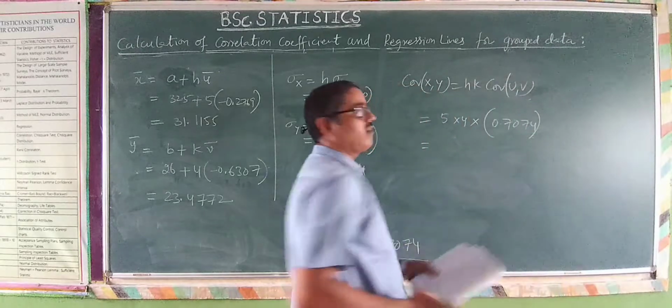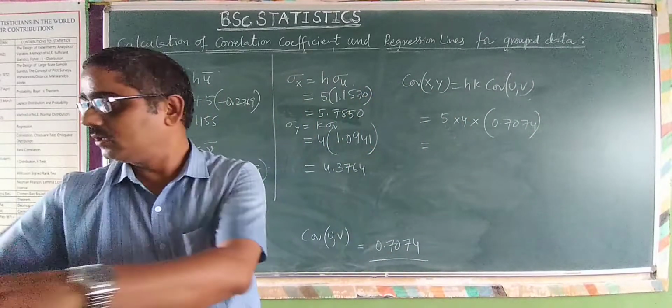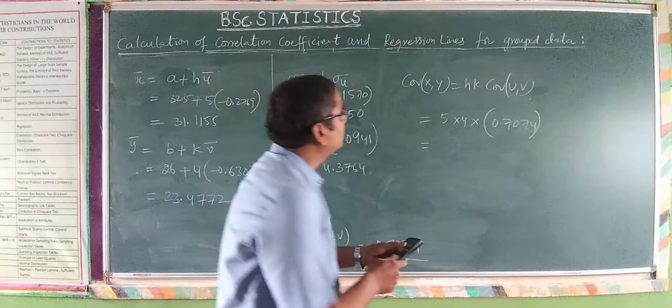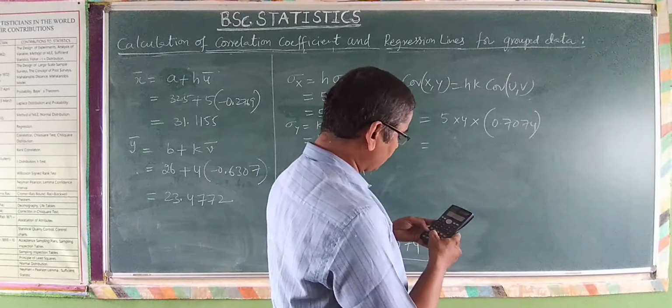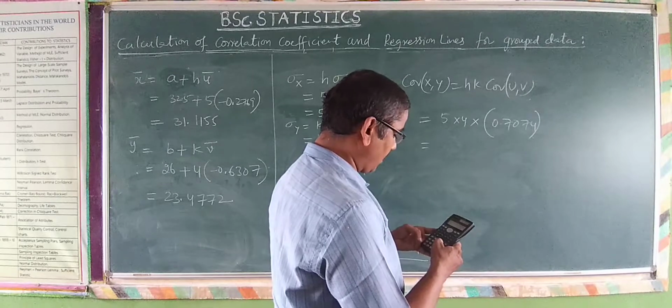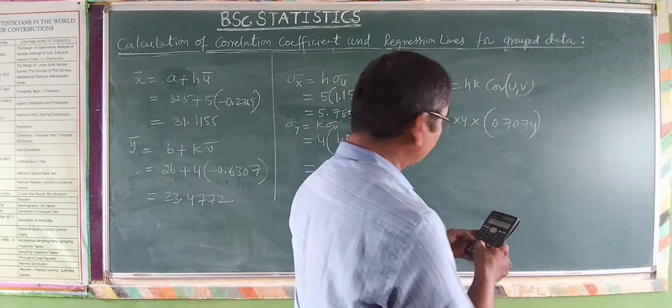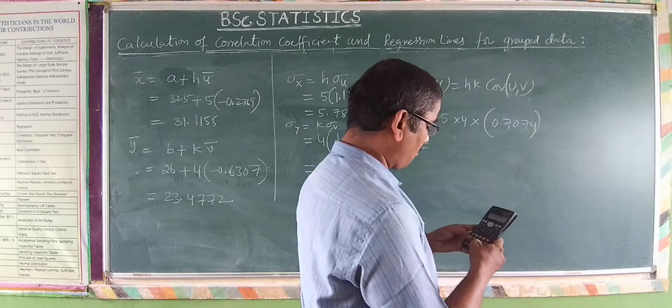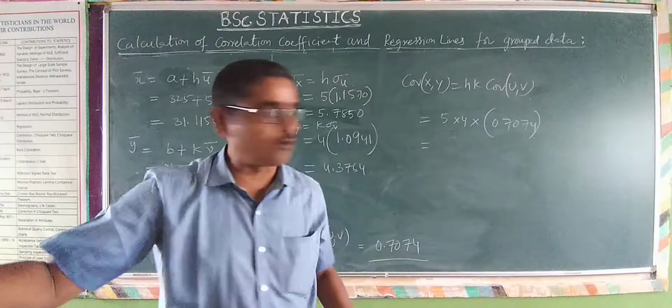So 5 into 4 is 20. So 20 multiplied by 0.7074 is equal to 14.148.